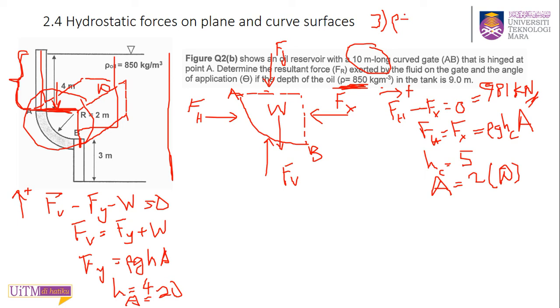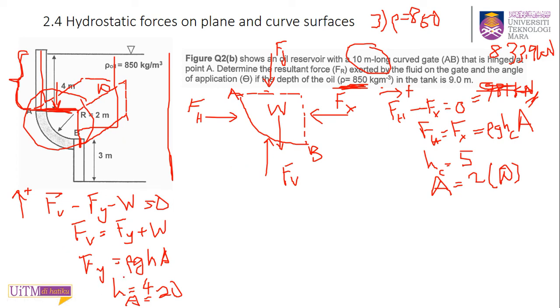This rho is 850, not 1000. So what values change? FH is 833.9 kilonewton.